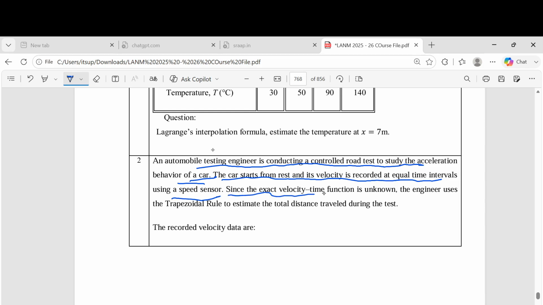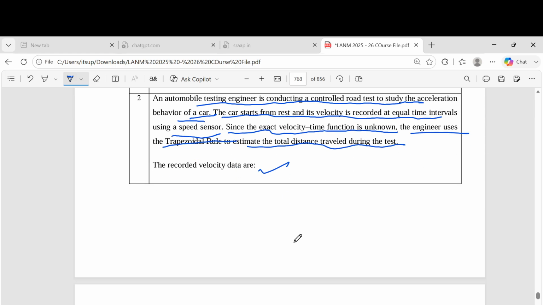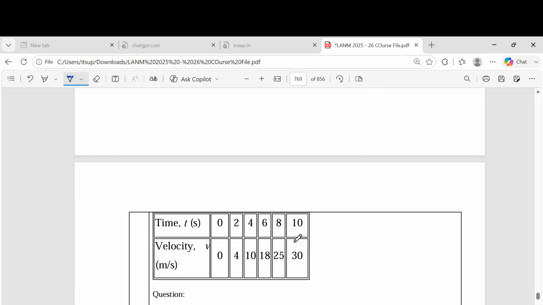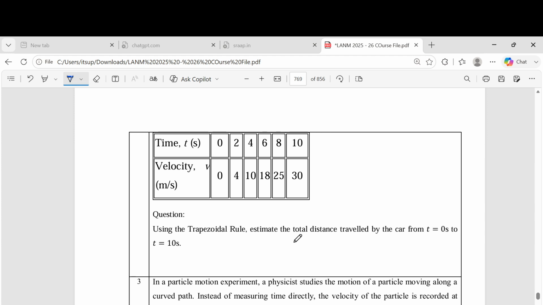Since the exact velocity-time function is unknown, the engineer uses the trapezoidal rule to estimate the total distance traveled during the test. The recorded velocity data are given, using the trapezoidal rule.